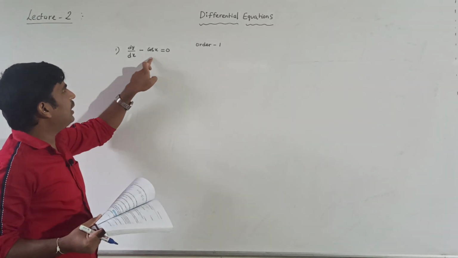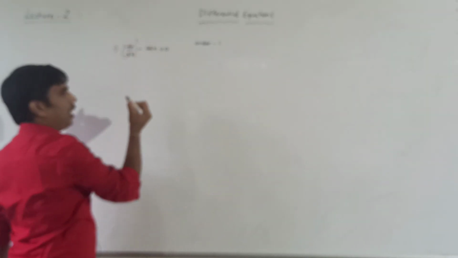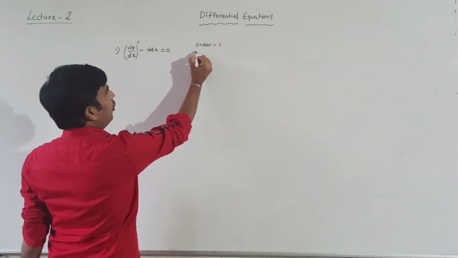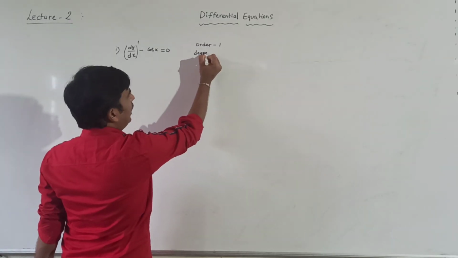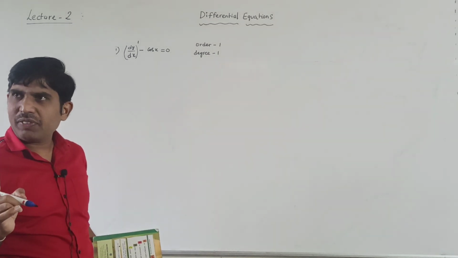So now degree is defined for this differential equation. This is the highest order derivative, and its power is how much? Nothing but 1. Therefore, its degree is 1. Understood, everyone?